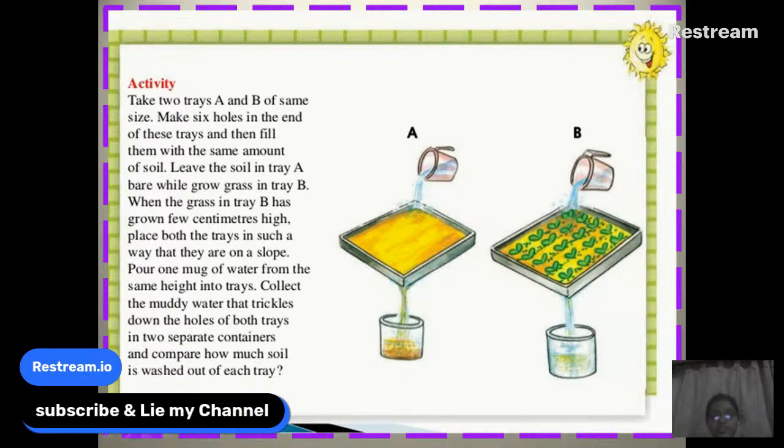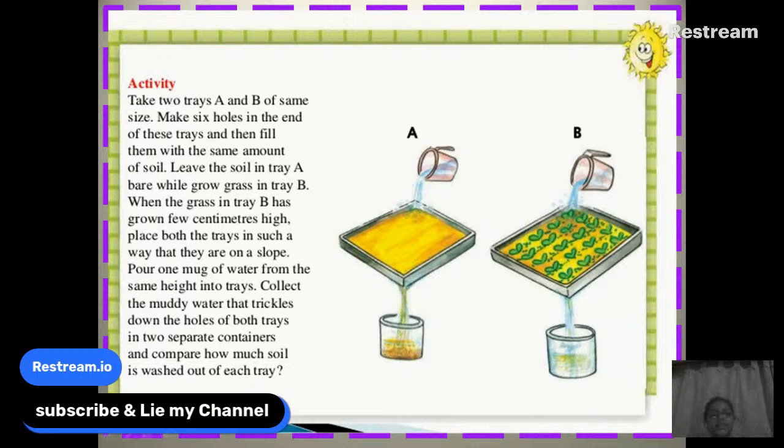After sowing that, when the grass in tray B has grown a few centimeters high, place both trays in such a way that they are on a slope. After doing this, pour one mug of water from the same height into each tray.